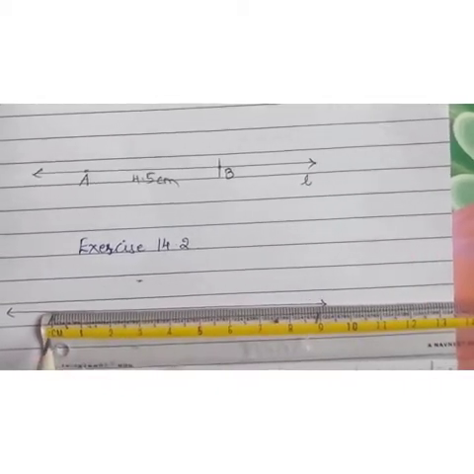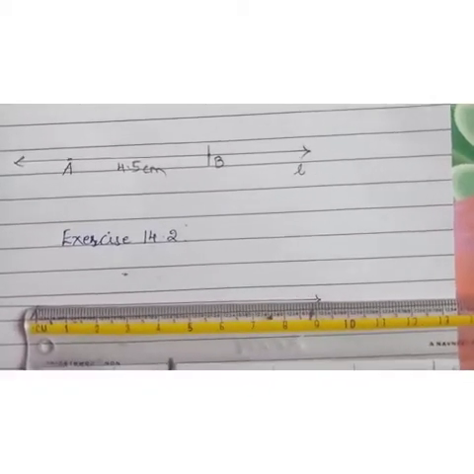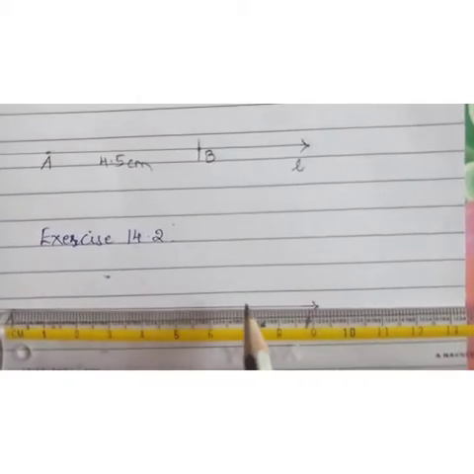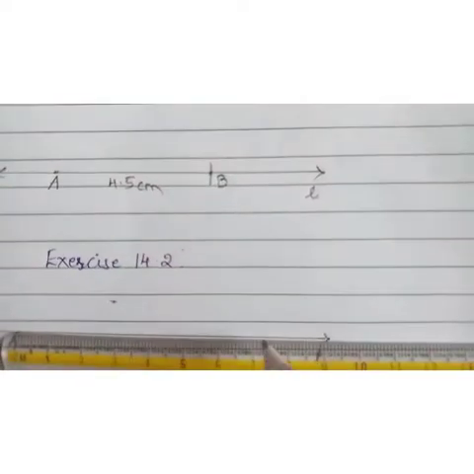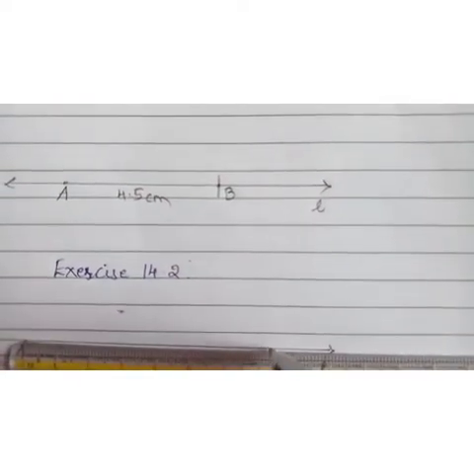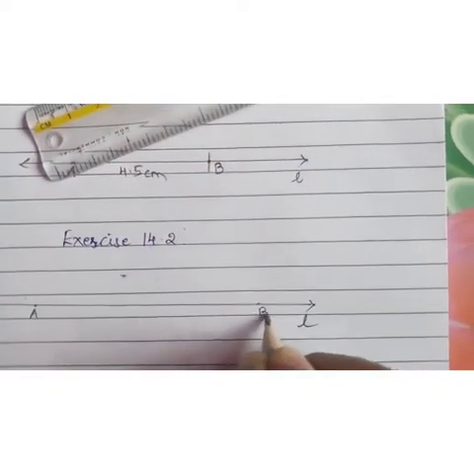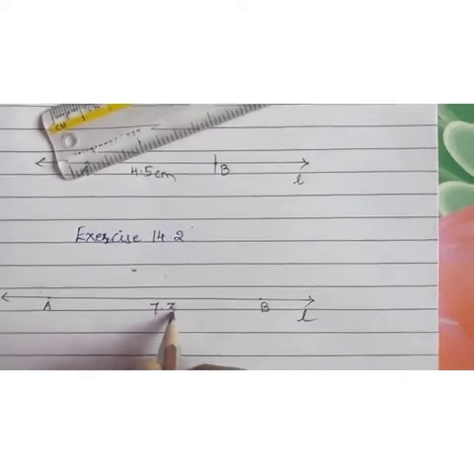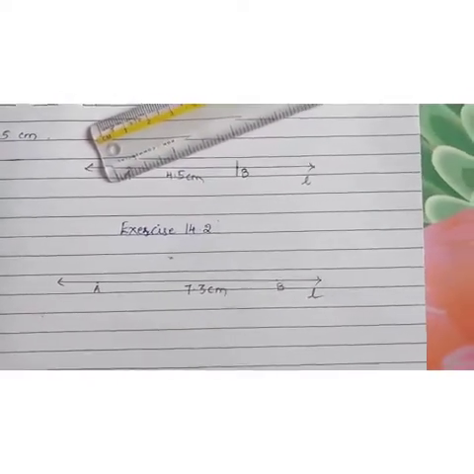So now it is exactly on the zero mark, isn't it? Now check 7.3. 7 is here, 7.1, 7.2, 7.3. So mark the point. Now mark this as B. This is the method which we use using the ruler.